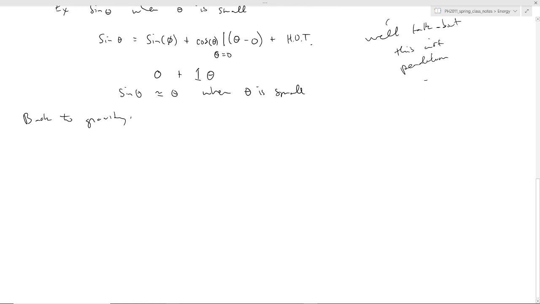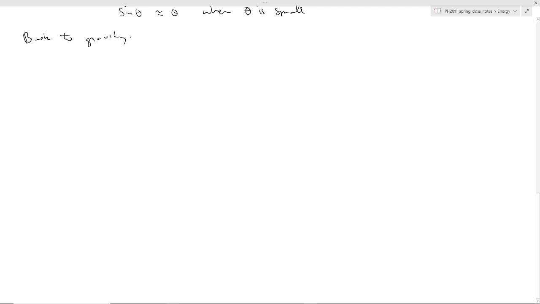On the one hand, we have these two different pictures. On the one hand, we say that the potential energy due to gravity is mgh. And recall, this came from noticing that the potential energy is the negative work done by gravity.